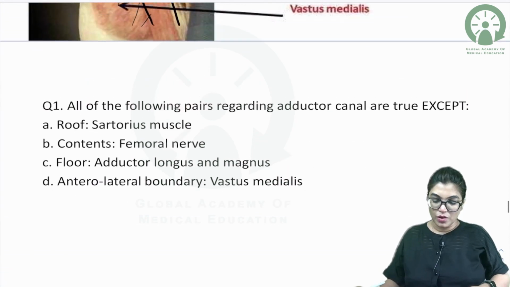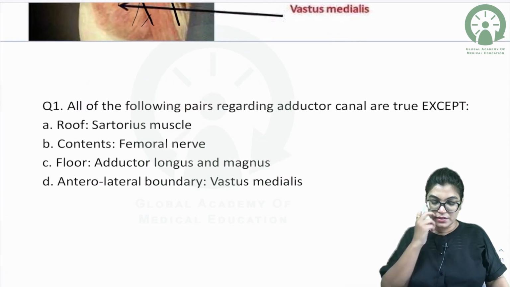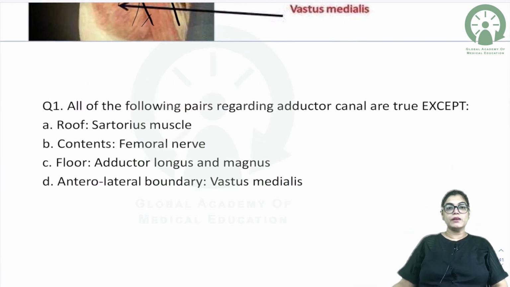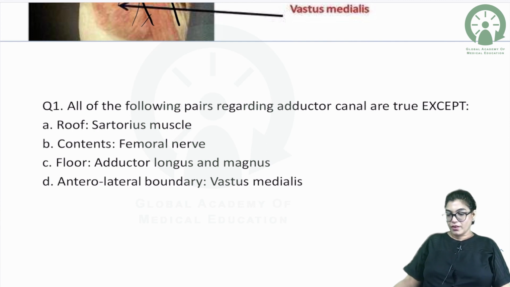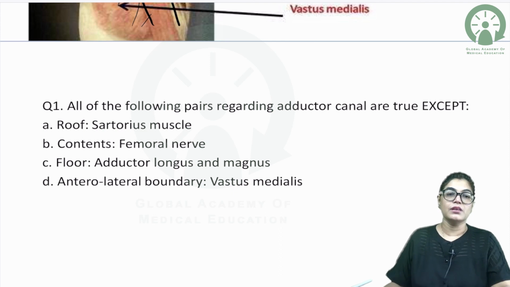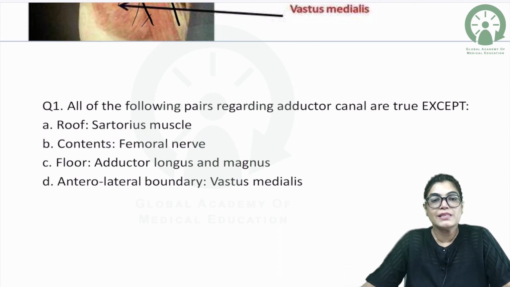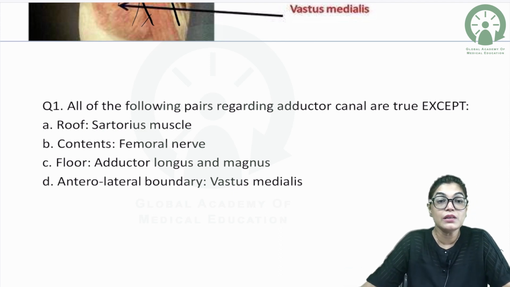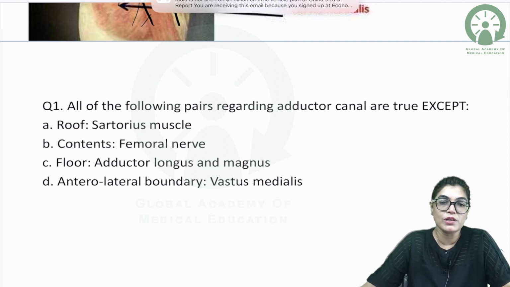Now let's solve a few MCQs related to this topic. All of the following pairs regarding the adductor canal are correct except: roof is formed by sartorius muscle, content is femoral nerve, floor by adductor longus and magnus, anterolateral by vastus medialis.